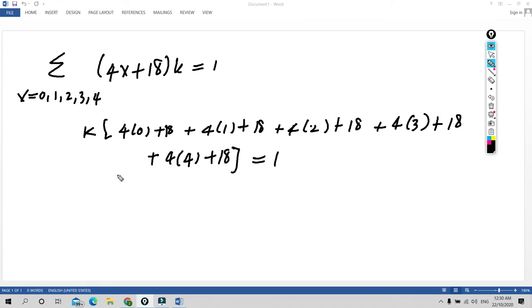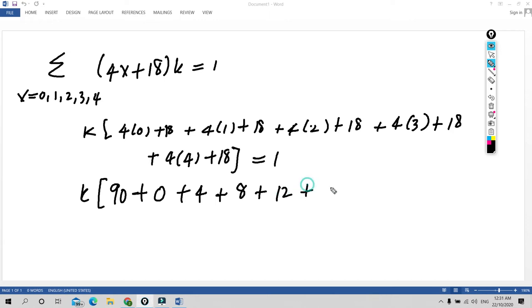So we have k times 90 plus 4 multiplied by 0 is 0, plus 4 multiplied by 1 is 4, plus 4 multiplied by 2 is 8, plus 4 multiplied by 3 is 12, plus 4 multiplied by 4 is 16, and this is equal to 1.